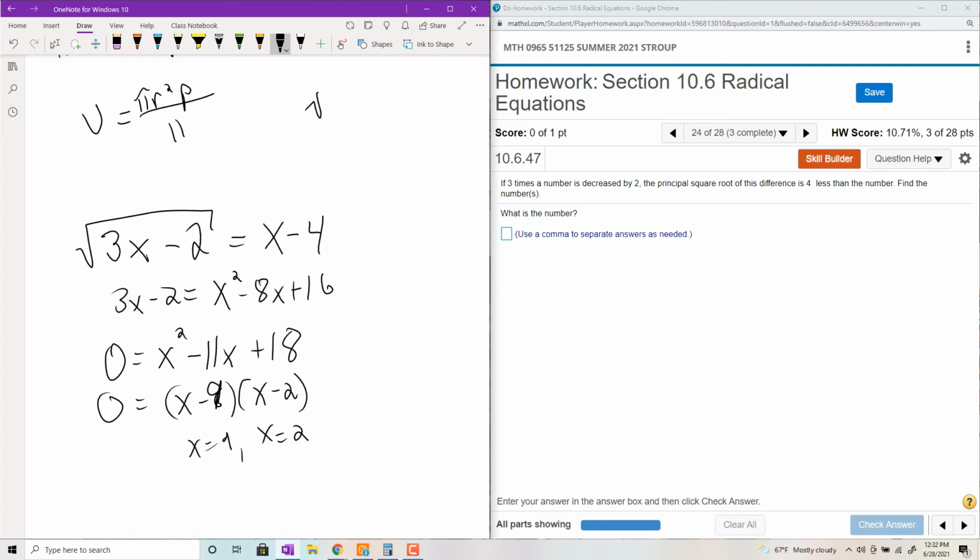Check. 27 minus 2 is 25, and then 9 minus 4. So x equals 9 works. X equals 2, so square root 6 minus 2 is square root 4, and then over here 2 minus 2 is negative 2. That doesn't work because 2 is not negative 2. So you have to throw out 2. The only solution then is 9.